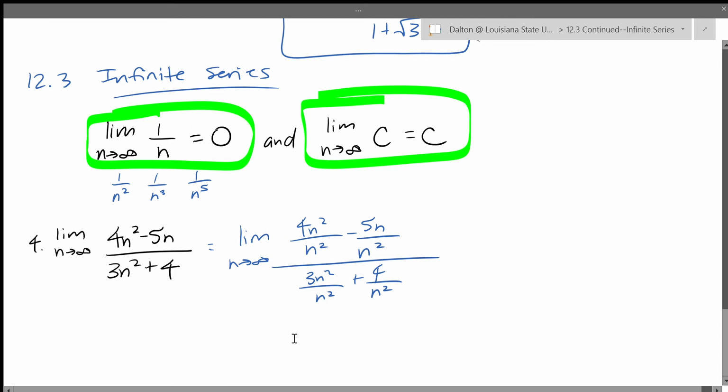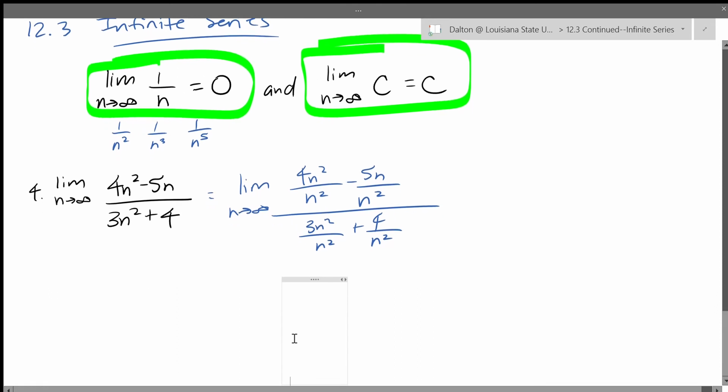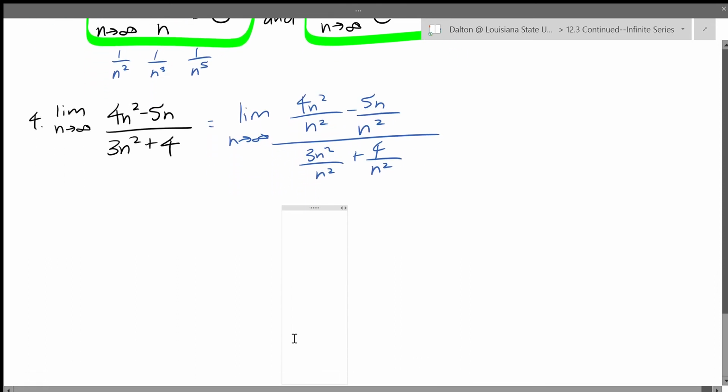And the reason for doing that was because then we can actually simplify this to smaller numbers. So then we could say, okay, well, this is the limit as n approaches infinity. 4n squared over n squared reduces to just 4, minus 5n over n squared reduces to 5 over n. Now, again, I recommend you write this to save yourself a step.